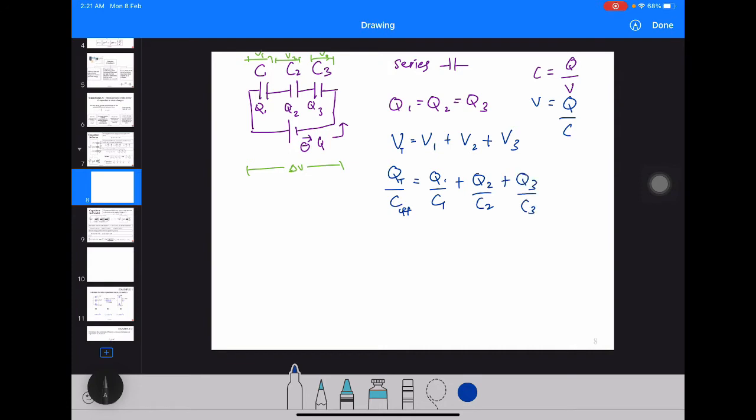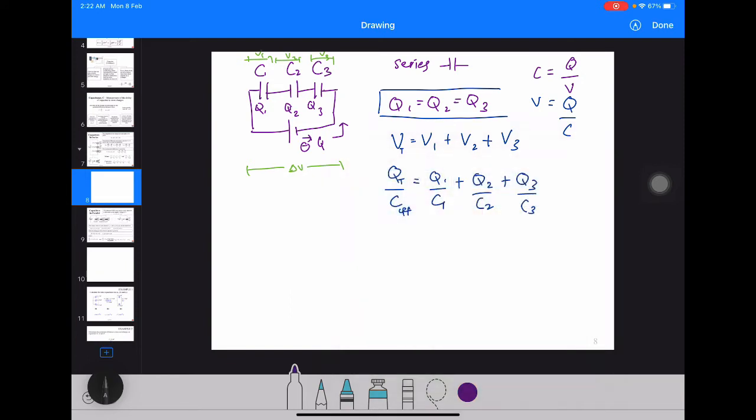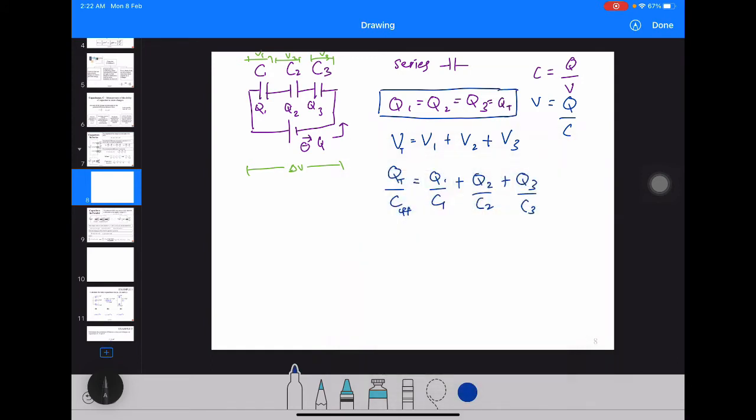And since the properties here apply, where Q1 equals Q2 equals Q3 equals Q total as well, I can cancel out all the Q's, and I'm left with 1 over C effective equals 1 over C1 plus 1 over C2 plus 1 over C3.